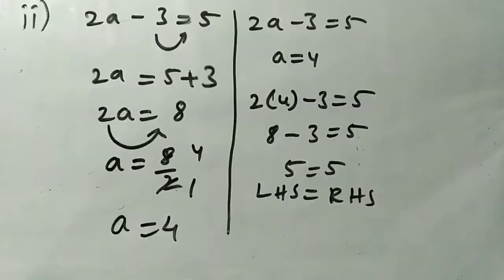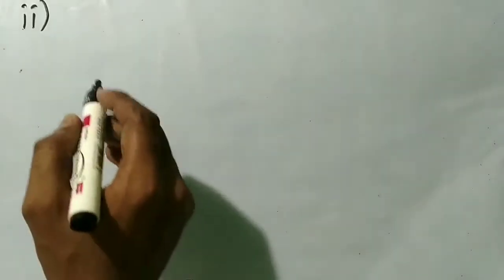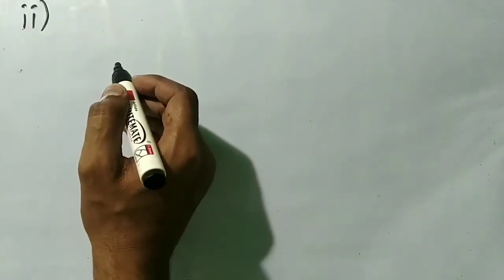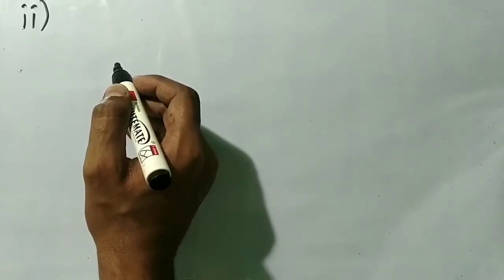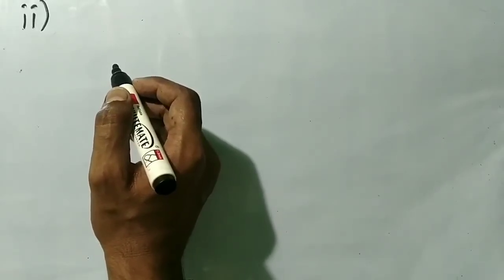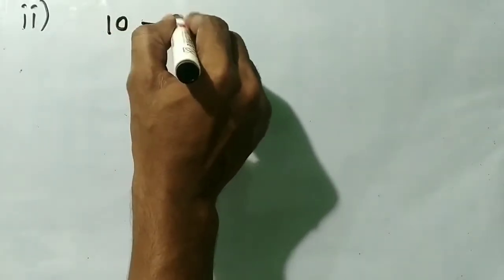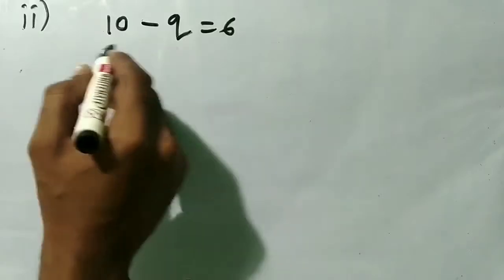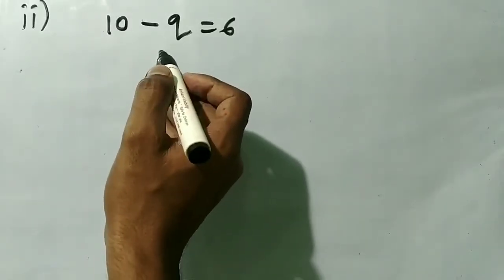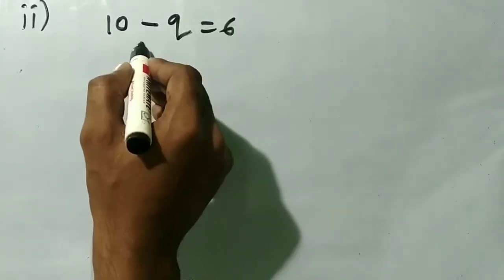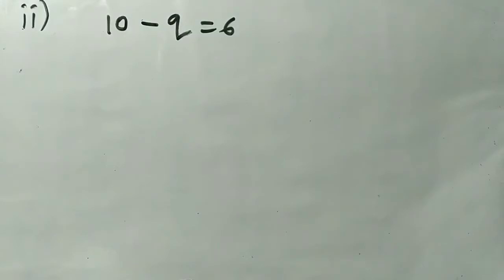So for the next one, let's take the third one only, because the fourth one is exactly similar to the second one. Third one: 10 minus q is equal to 6. This is dead easy, I think. So here minus q.